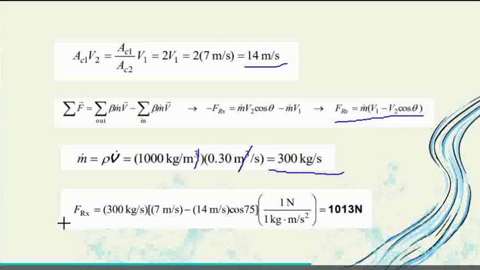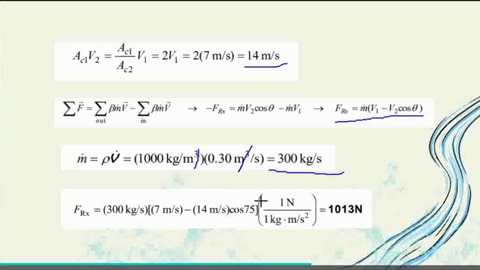Substituting the known quantities, the reaction force is determined to be F_Rx is equal to 300 kilogram per second multiplied by 7 meter per second minus 14 meter per second cosine 75.